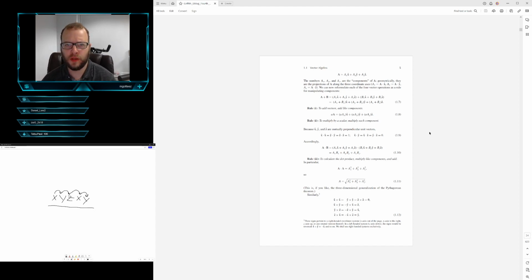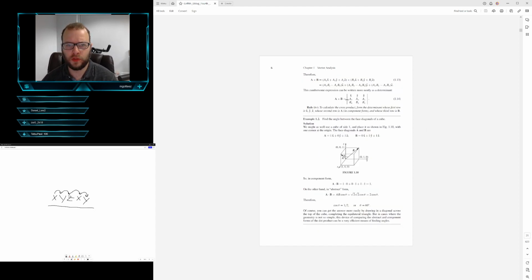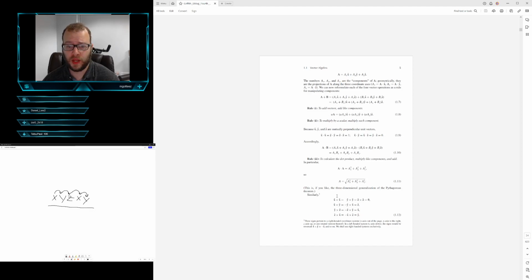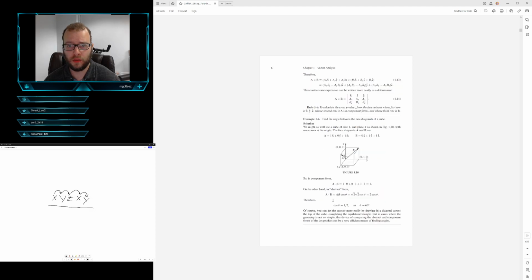So let's continue on to what the cross product is. So if you cross all of those terms together, you're going to have 9 terms, 3 of which are going to drop out and turn to 0.